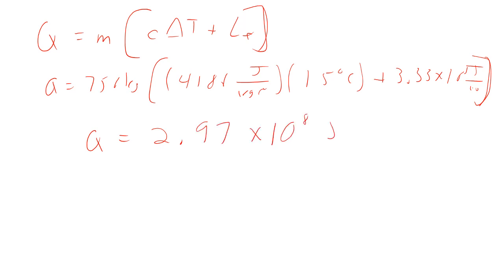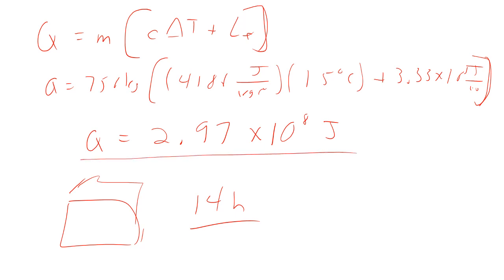Now, let's say the farmer is doing this in the wintertime, so that means at night it's about 14 hours of nighttime. And so that means it's releasing this amount of heat over 14 hours. Well, 14 hours turns out to be 50,400 seconds.